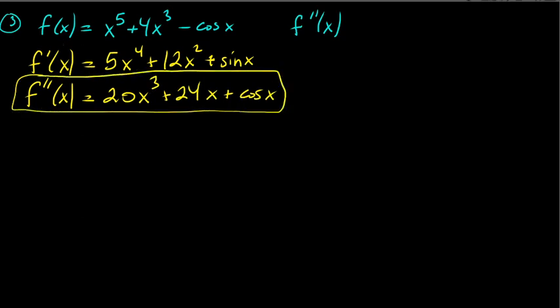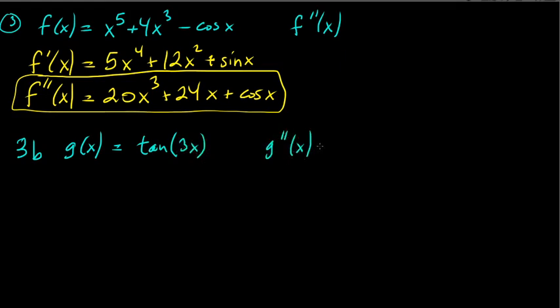So very reasonable. Before we go on, maybe let's do something a little more intricate. How about g of x is equal to tangent of 3x. And the question is to find the second derivative, right?